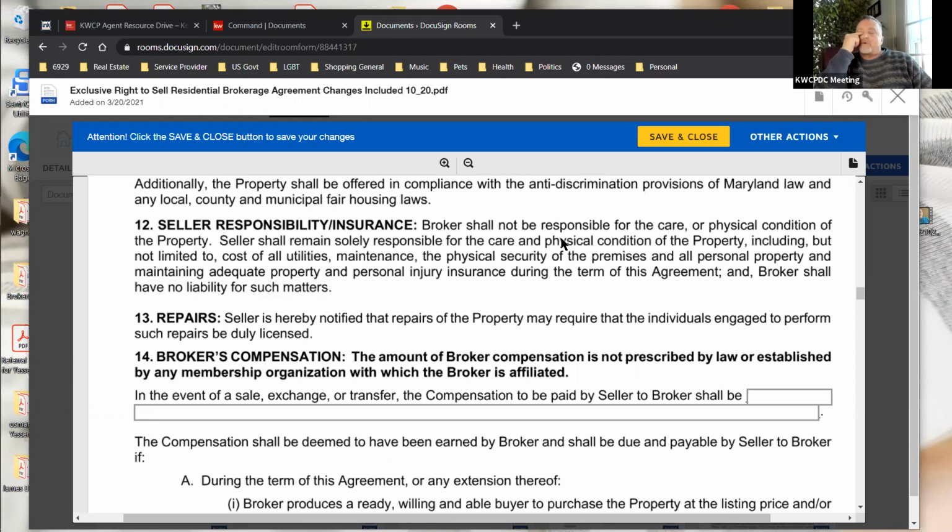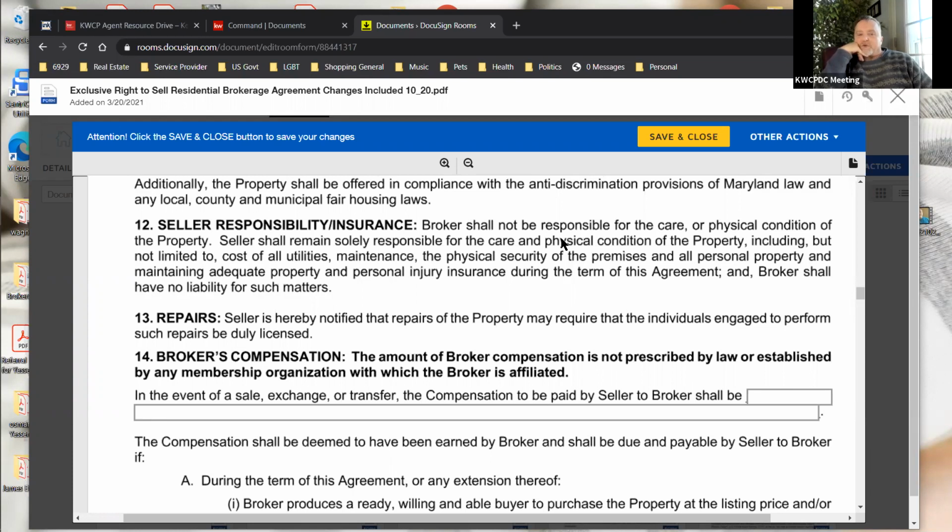Anytime we are referring contractors for the property, we've got to make sure that we verify their licensing status in Maryland, and we are held liable if we do not verify that information before recommending those people to our clients.